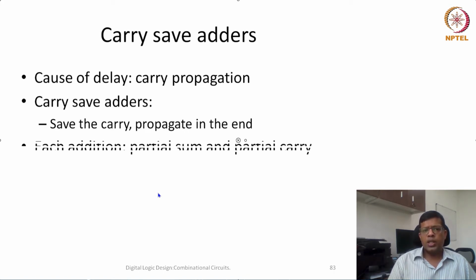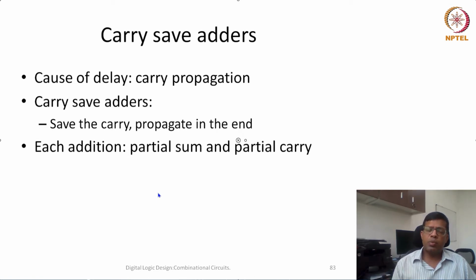So the idea here would be that each addition will generate some partial sum as well as some partial carry. So this partial carry could also be added through another partial carry.